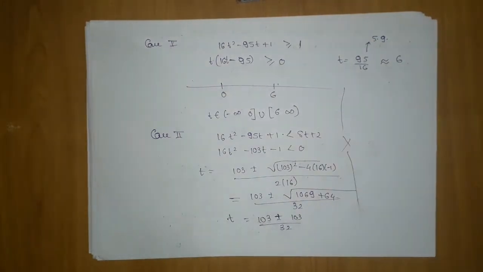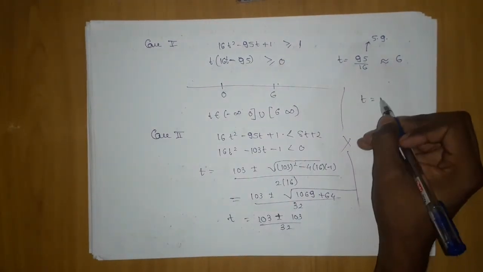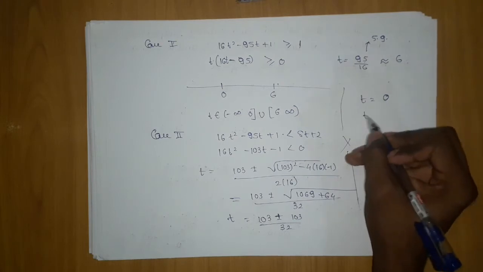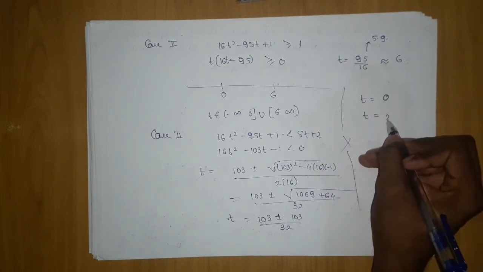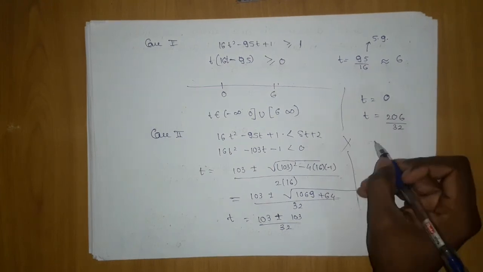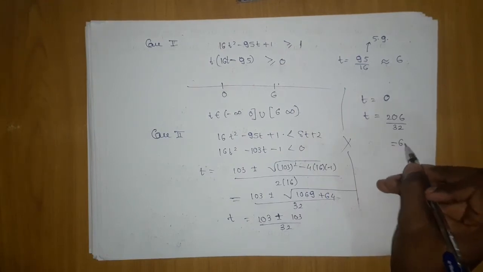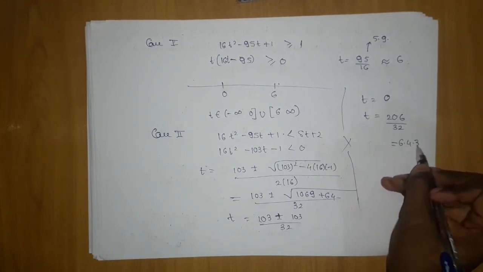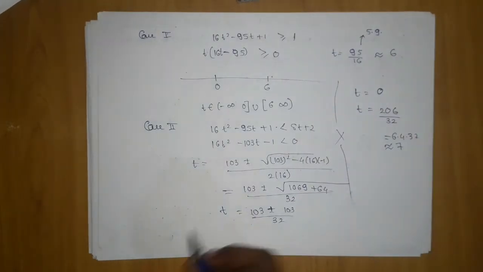So here t can be, if I take 103 positive 1, then it will become 0. If I take this one negative 1, this will become 0. If I take positive 1, this will become 206 by 32, whose value will be about 6.437, which we can approximately take as 7.